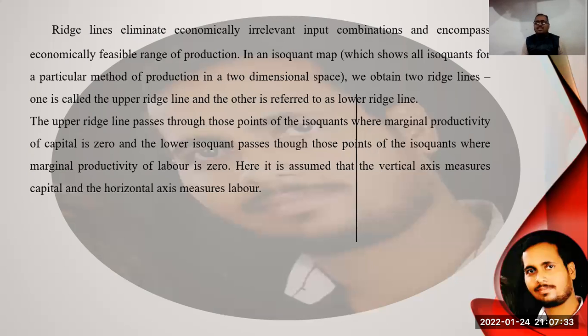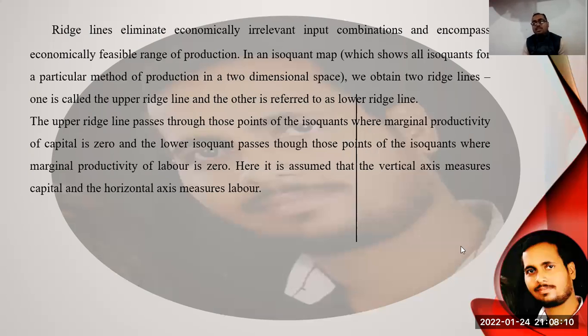So the vertical axis shows the capital limits, and the horizontal axis shows the labor factors. So this is the description of the ridge lines.